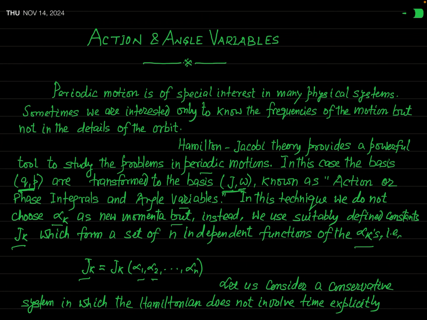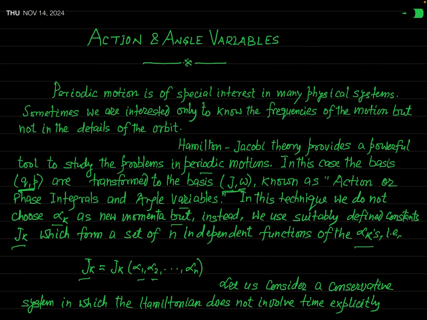Now, basically, when we discuss the periodic motion, like motion of a planet, all planets move under the gravity of the sun, and gravitational force is a conservative force. So, more or less, we always encounter a conservative system when we talk about periodic motion.